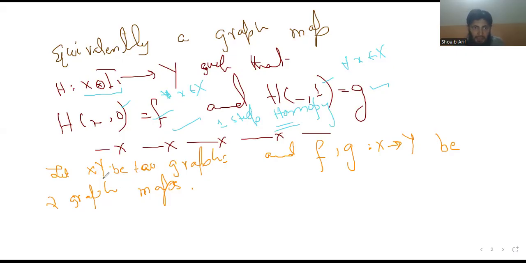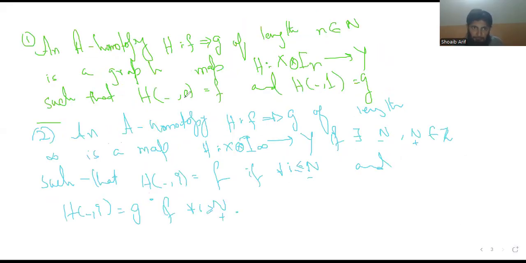Now let's define the n-step homotopy. Let X and Y be two graphs where f, g are graph maps from X to Y. So let's define for finite length or infinite length. First, we define it for finite length.